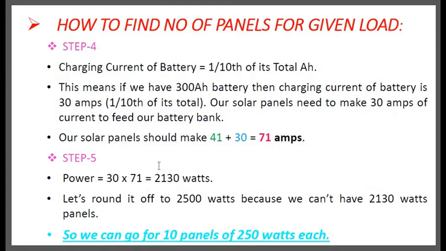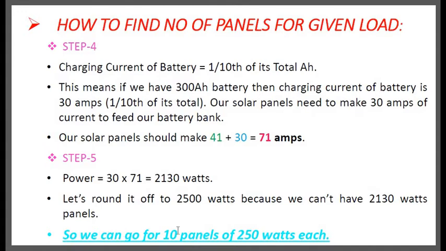So this is the total watts the solar panel is required by us. Let's round it off to 2500 watts because we can't have a 2130 watt solar panel. We do not have a 2130 watt solar panel, that's why we will consider a round figure of 2500 watts.